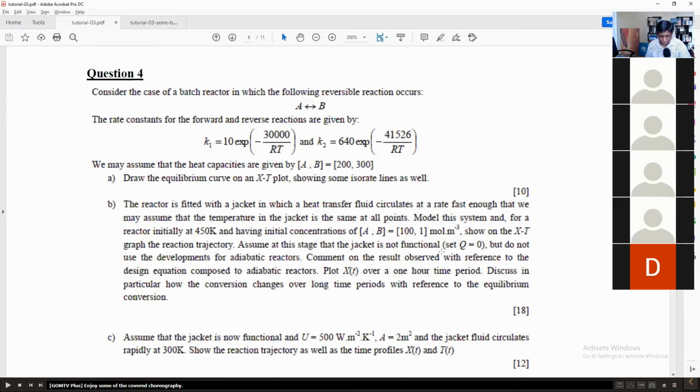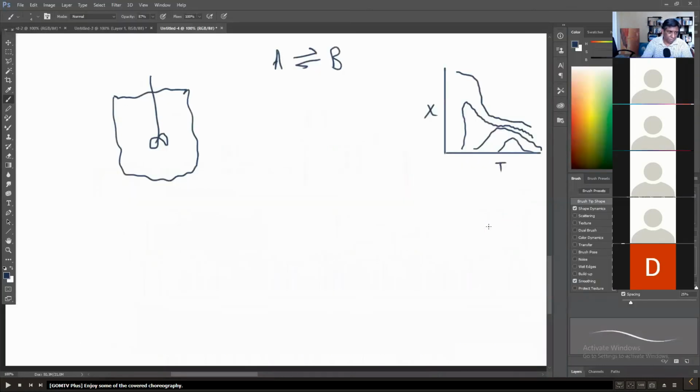And we are given specifics about how it's operating. So we've got a jacket here, and the heat transfer fluid is circulating fast, right? The reaction itself stays in here. No material transfers into the jacket, but the jacket itself is fast flowing.